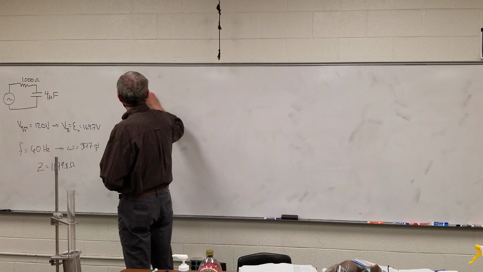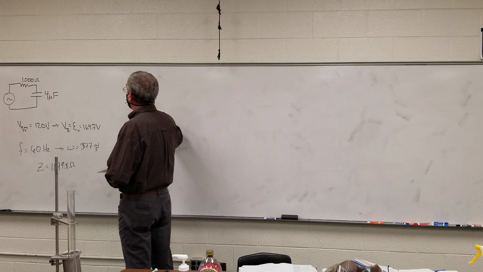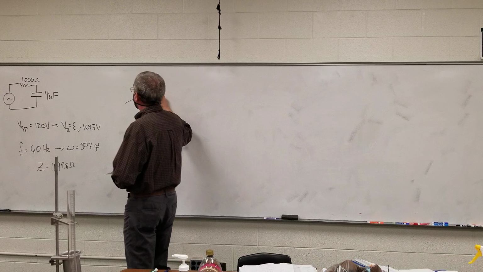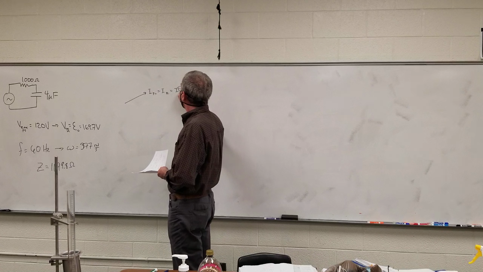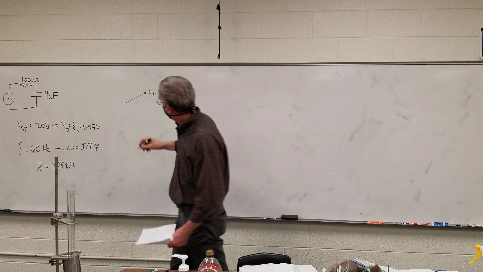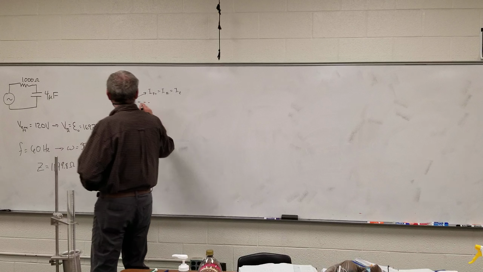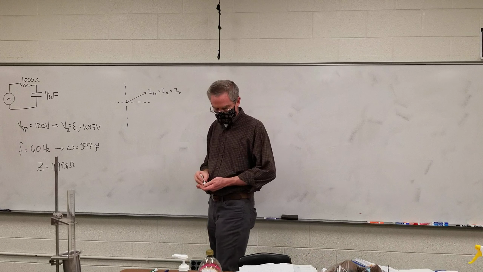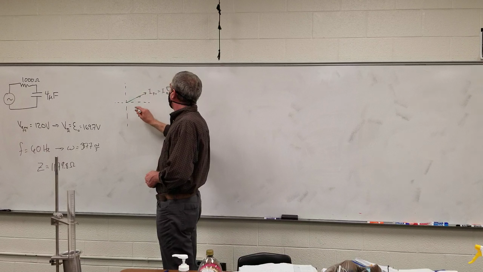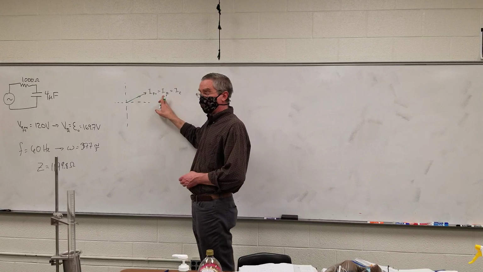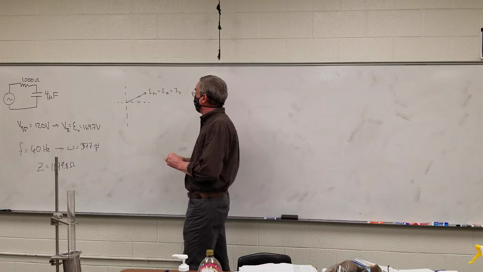And our phasor, let's see, so it's a series circuit right there. Current is going to be the same, so the current from the power supply is the current across the resistor, which is the current across the capacitor. V sub R is along the same line as I sub R, because the voltage phasor of the resistor is in phase with the current phasor.